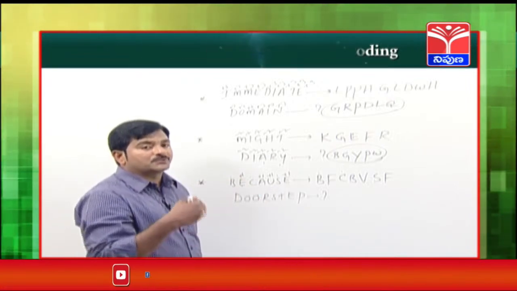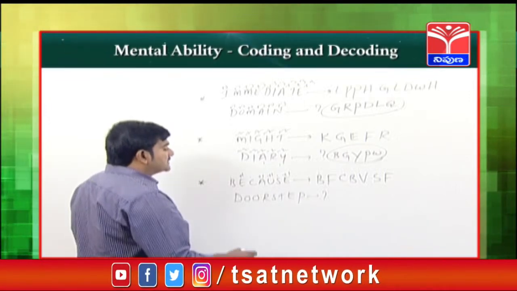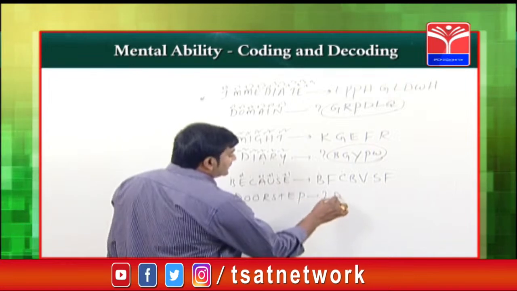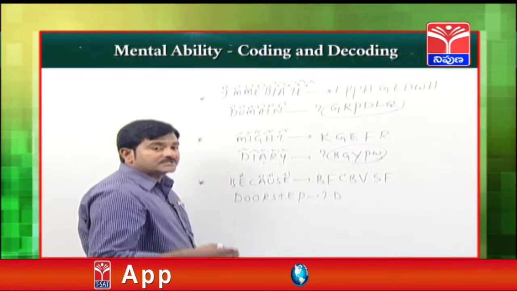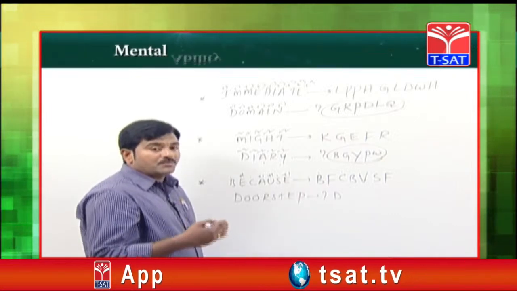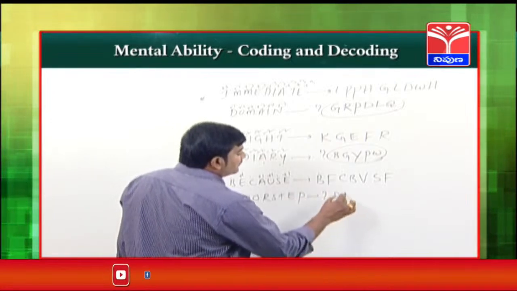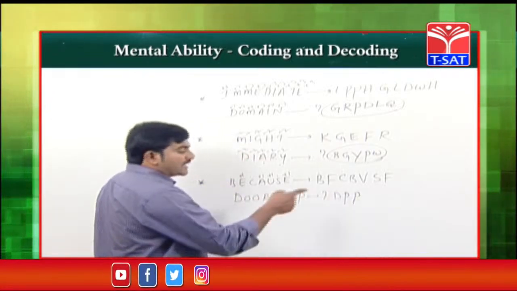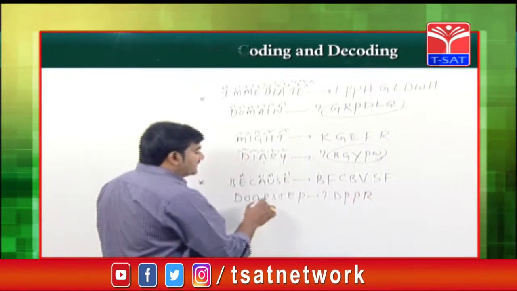Vowels are moved one step forward, consonants are written the same way. Apply same concept here. So D is consonant, that's why write as it is. O is a vowel, A, E, I, O, U we said are vowels, that's why O should be moved one step forward. The immediate letter after O is P. Since we are having two O's, I am getting two P's. And R is a consonant, it will be as usual.